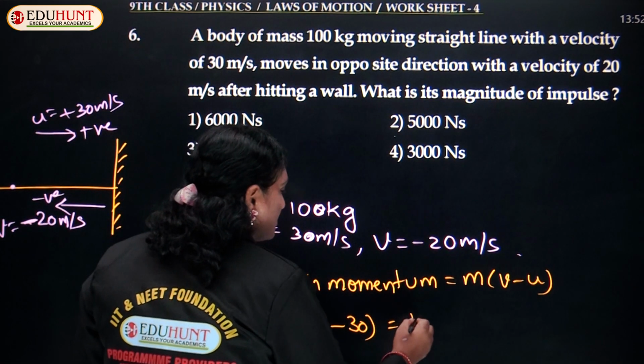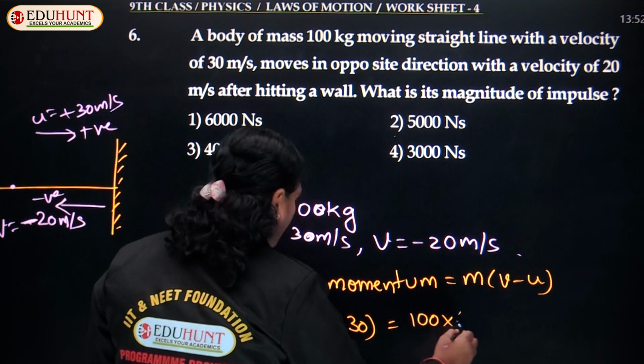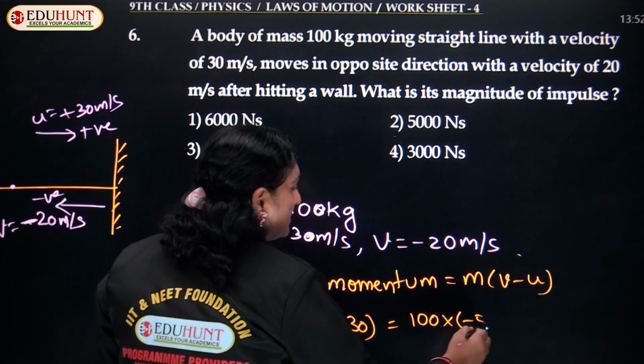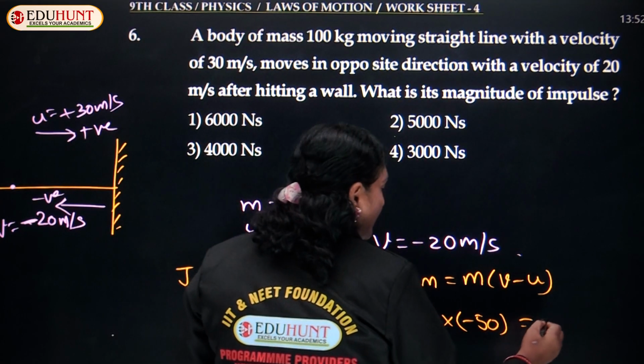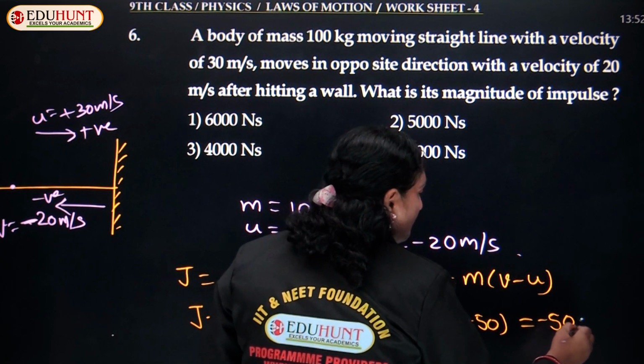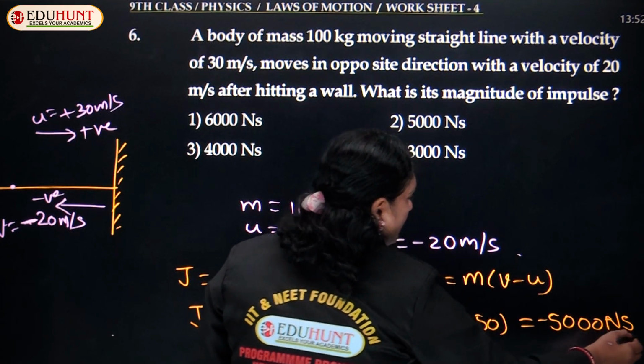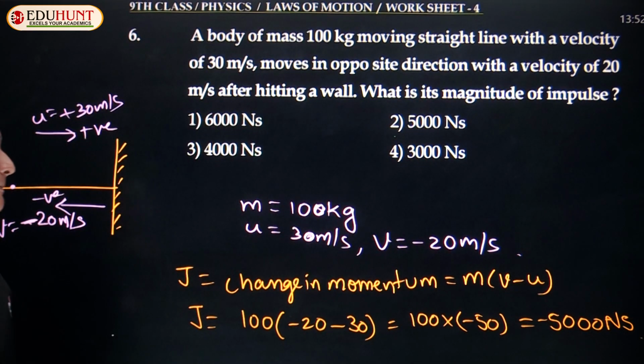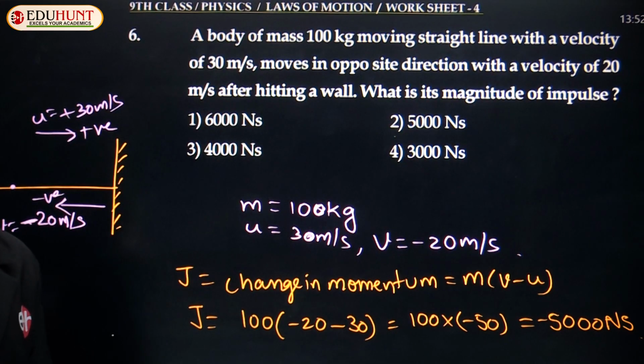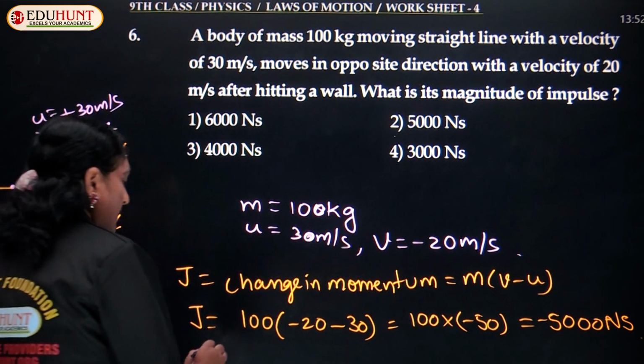So this is equal to 100 times of minus 20 minus 30, which is minus 50. Finally, you are getting it as minus 5,000 Newton second. Impulse is given as minus 5,000 Newton second.